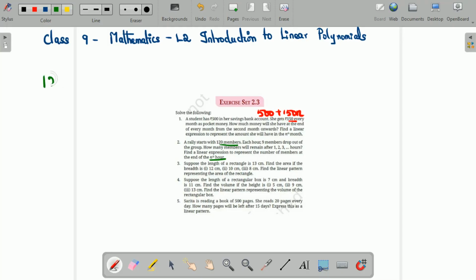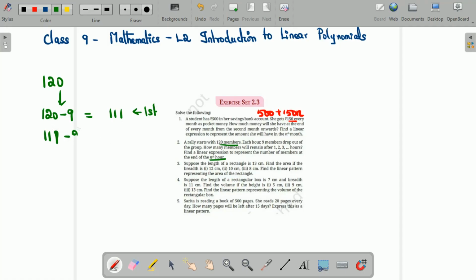See, the rally started with 120 members. After 1 hour, 9 members drop out. So it is 120 minus 9, which is 111. After the end of the second hour, there will be 9 more dropouts.